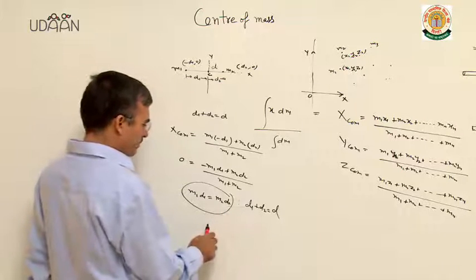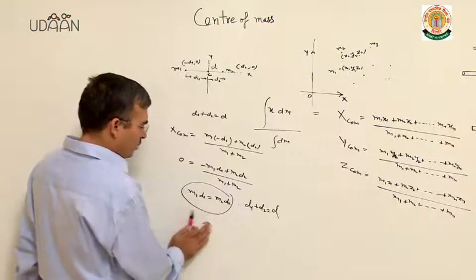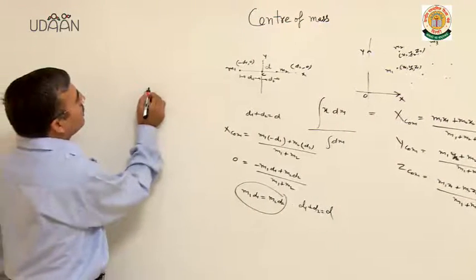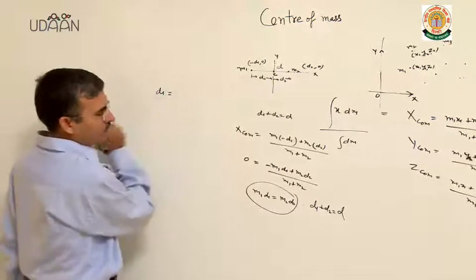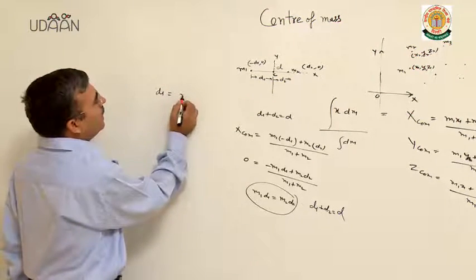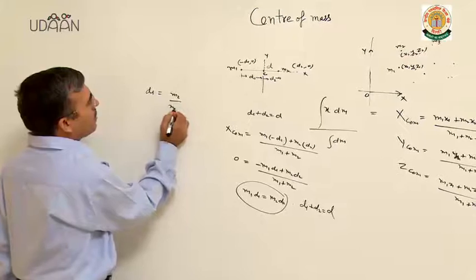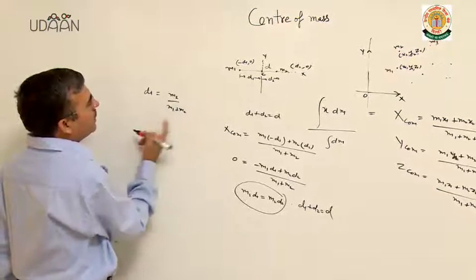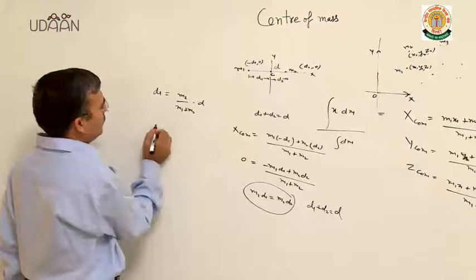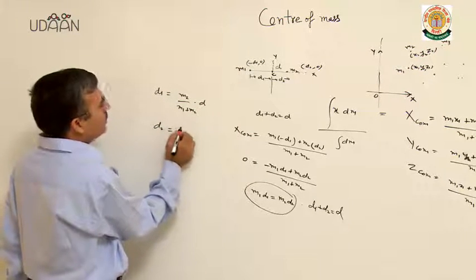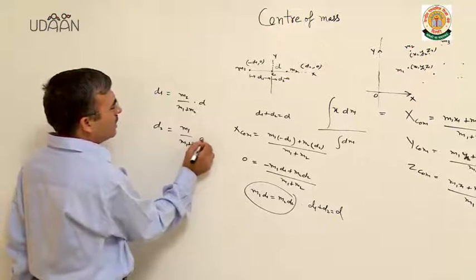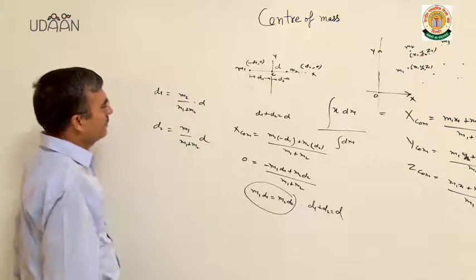If you solve them, you will get d1 equal to m2 over m1 plus m2 into d. Similarly, d2 equal to m1 over m1 plus m2 into d.